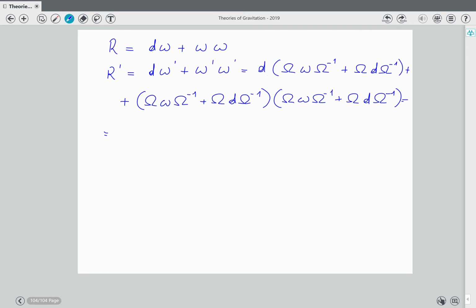So let's do it. Here we have d Omega d small omega Omega to the minus 1, plus Omega d small omega Omega to the minus 1, minus, because now d acting on Omega to the minus 1 has to cross a 1-form and a 0-form, so a 1-form in total, so there is a minus sign.